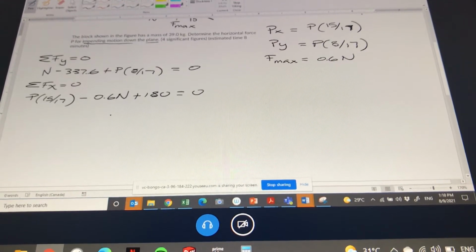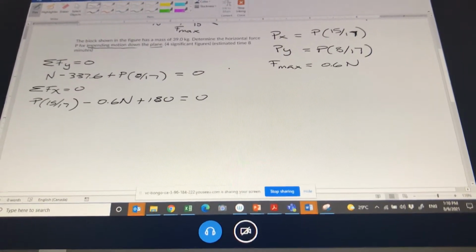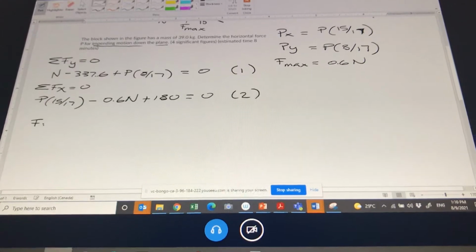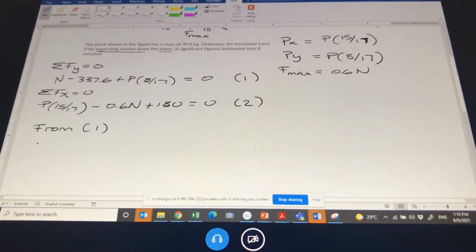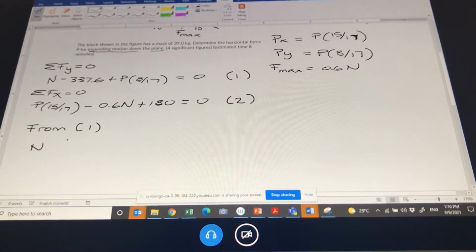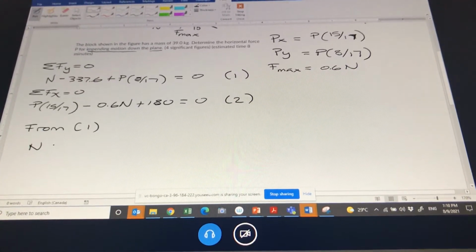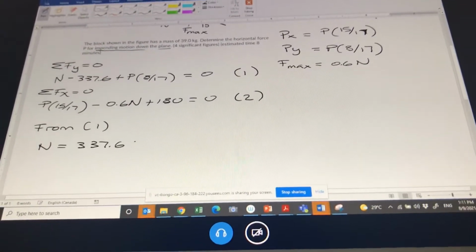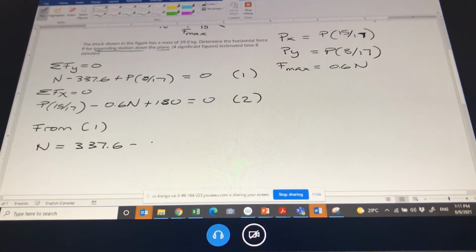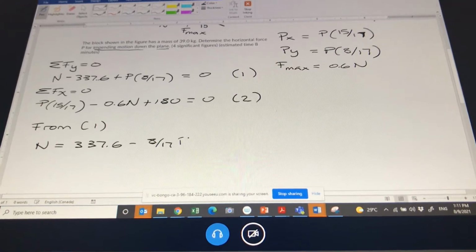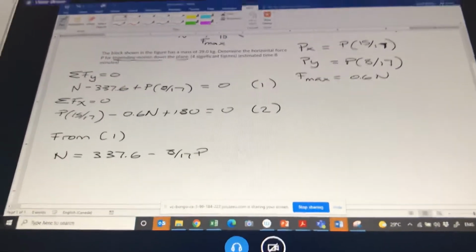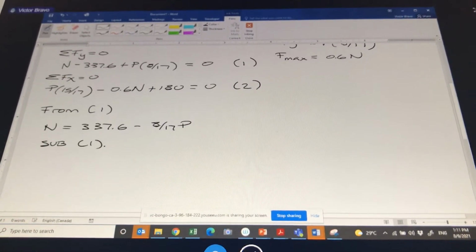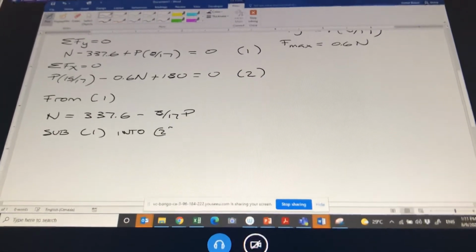If this is 1 and this is 2, you can say that from 1, N is actually equal to 337.6 minus 8 divided by 17 P. You can take that and then basically substitute 1 into 2.